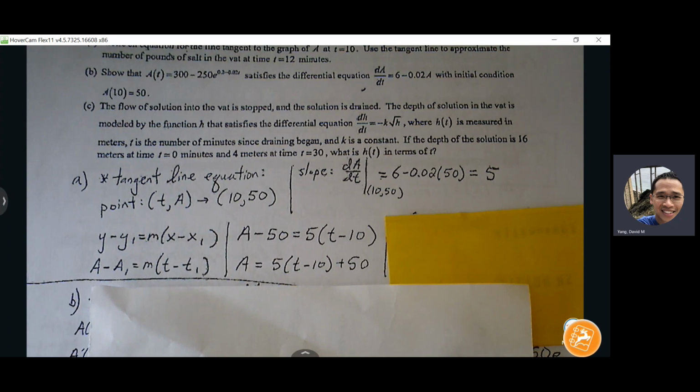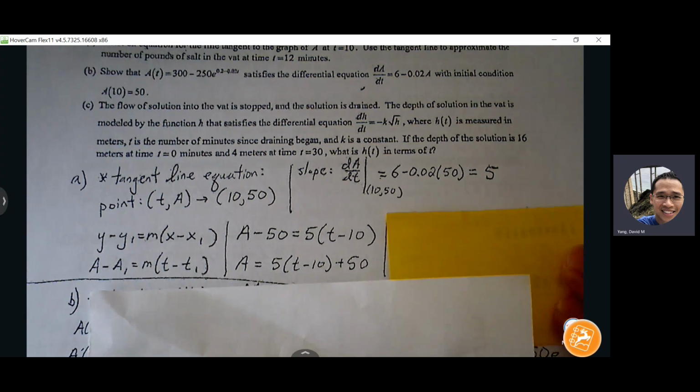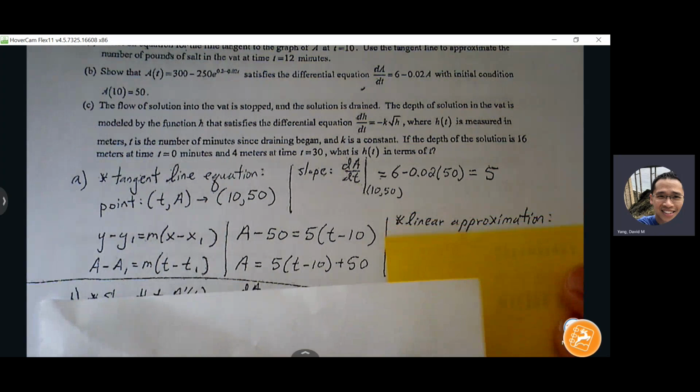Okay, so now that we have our tangent equation, how can we finish the problem off? Plug 12 into the t variable of the tangent equation. That will give me my linear approximation. Sometimes a linear approximation doesn't have to be a decimal value. It can be any value that is not at the location of the tangent line.